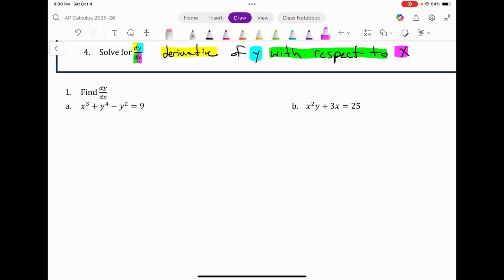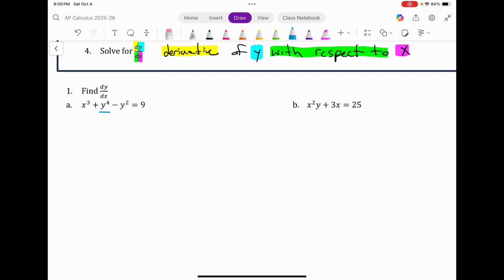So let's finally do implicit differentiation. So in this example, number 1, part A, you notice we have y to the 4th and y squared in here. So this is not explicit form. This is implicit. So we have to do implicit differentiation here. So we're going to take the derivative with respect to x of both sides. Okay, so we start with x cubed. The derivative of x cubed is 3x squared.